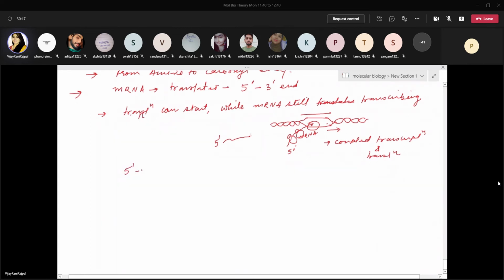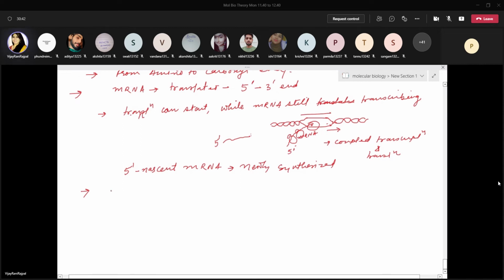Nascent mRNA means mRNA that is getting newly synthesized. The ribosomes can come and join and they can start translating it. So as to show that in prokaryotes, transcription and translation are coupled. This does not happen in eukaryotes.